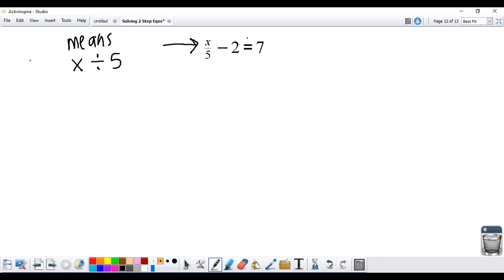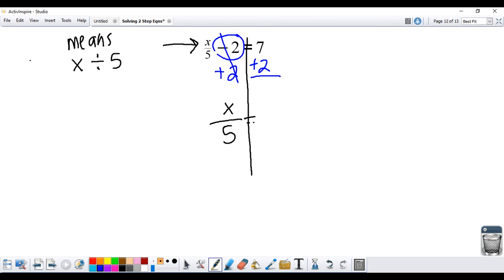So draw my line and look for the addition or subtraction. Right now I'm subtracting 2, and the opposite of subtracting 2 is adding 2. This makes 0, so I'm left with X divided by 5 equals, and then 7 plus 2 is 9.